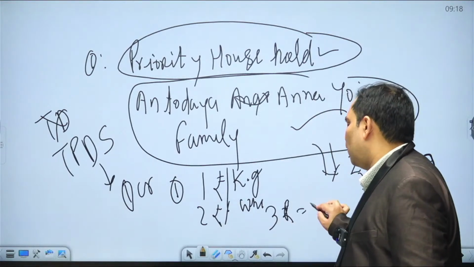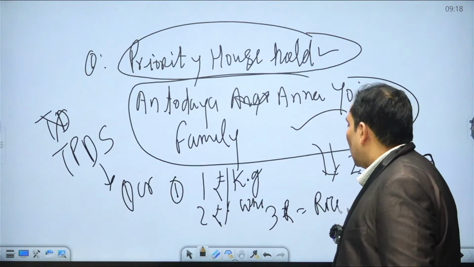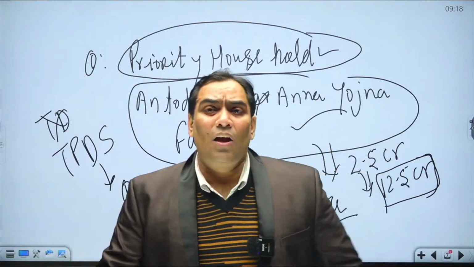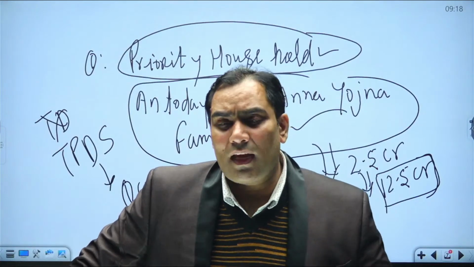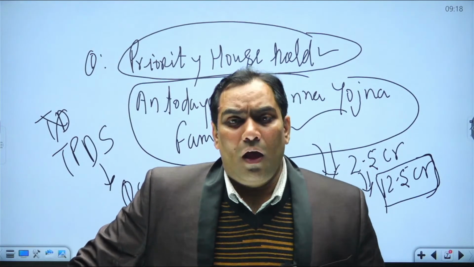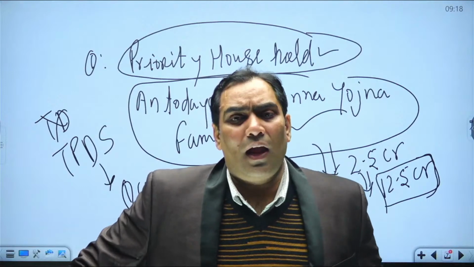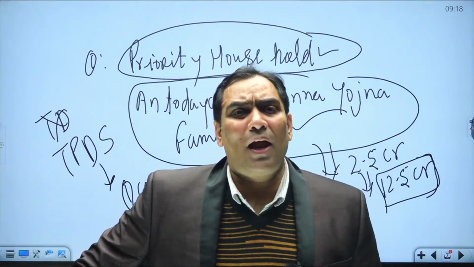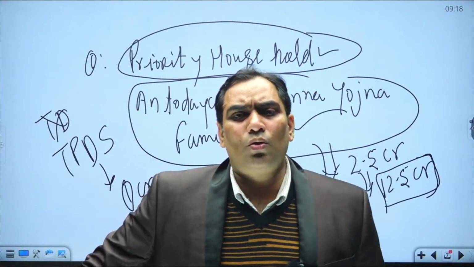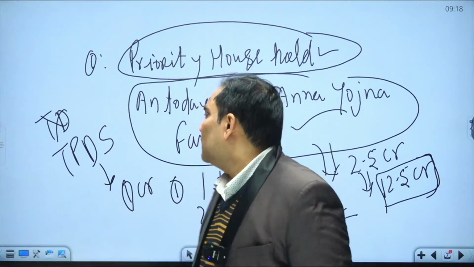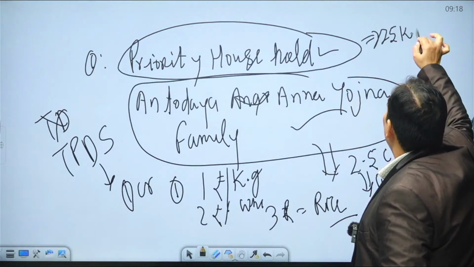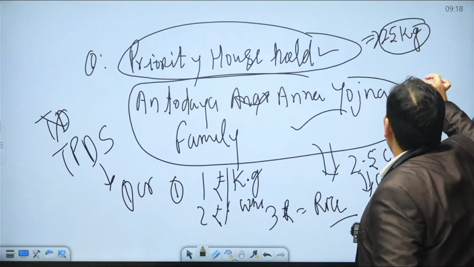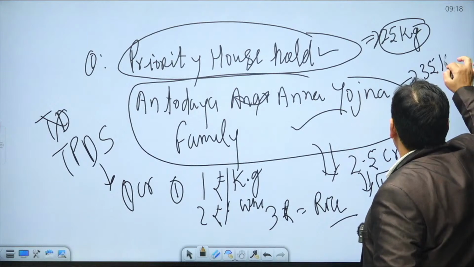That means it is highly subsidized. All get coarse cereals, rice, or wheat at the same price, whether priority household or Antyodaya household. The only difference was that priority households were entitled to get only 25 kg of food grains, and Antyodaya households were entitled to get 35 kg.